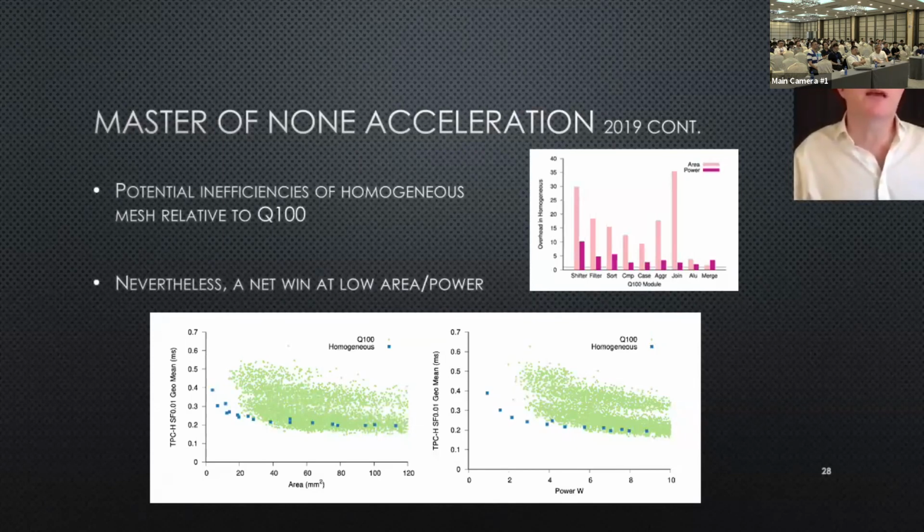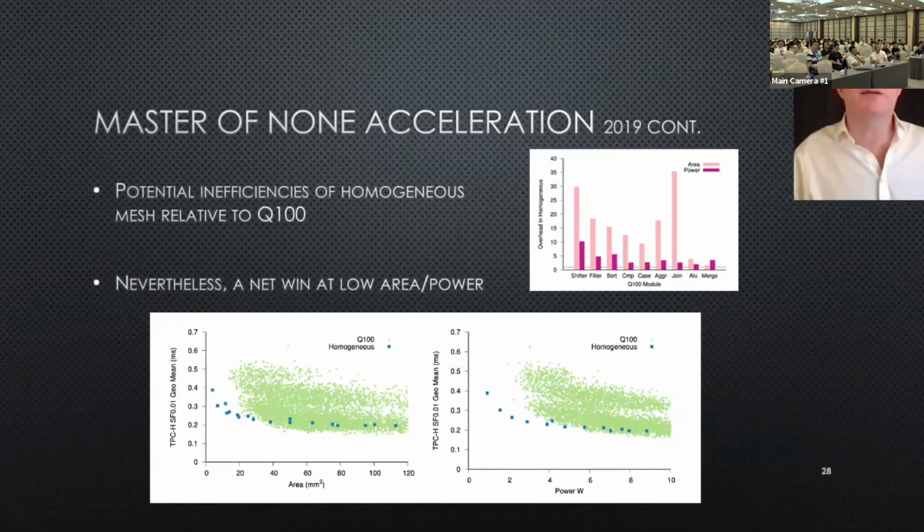And so when you look at a bunch of candidate designs, like we have in the bottom diagram here, comparing the Q100 designs, which are these green dots, and the homogeneous designs, which are the blue dots, the left diagram shows that you can have designs that perform well even with very small area.